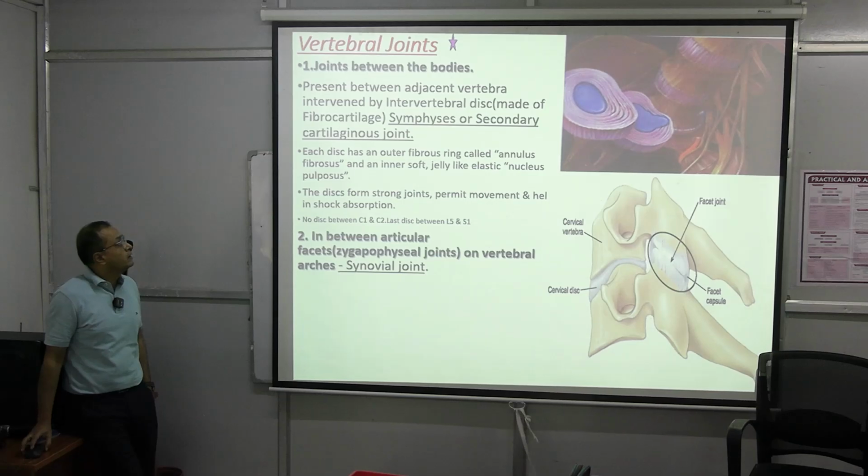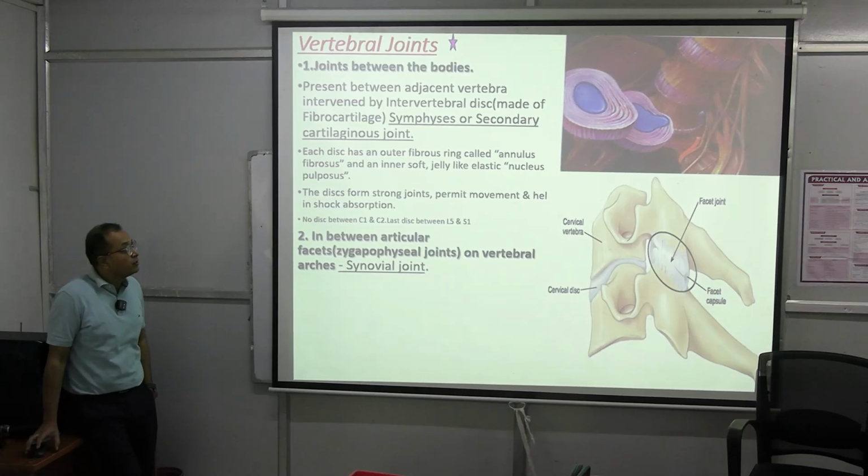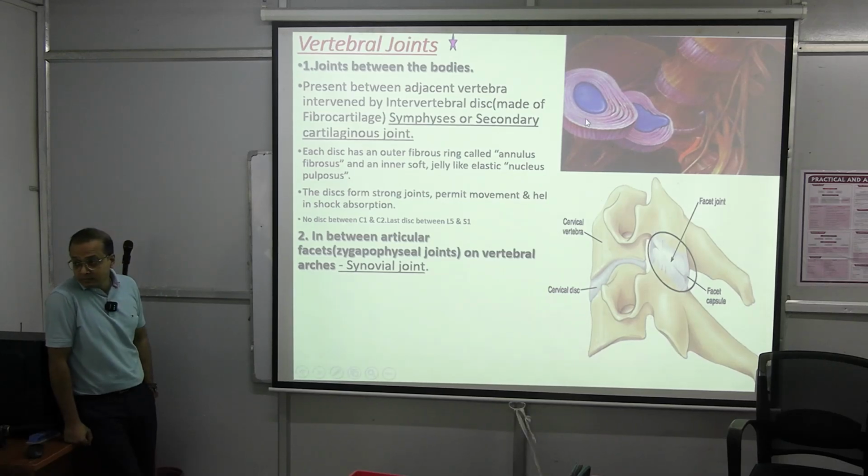So we have a central component and a peripheral surrounding component known as the annulus fibrosus. The central component, the nucleus pulposus, develops from the notochord, which is ectodermal in origin, and the annulus fibrosus, the fibrous cartilage around it, is mesodermal in origin.